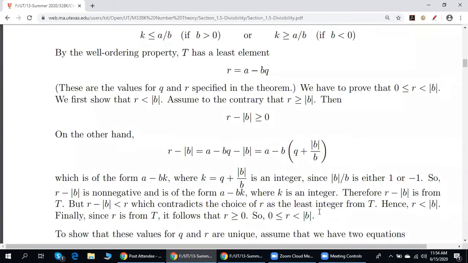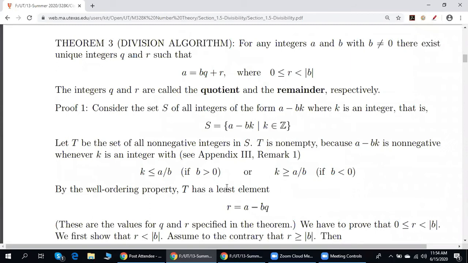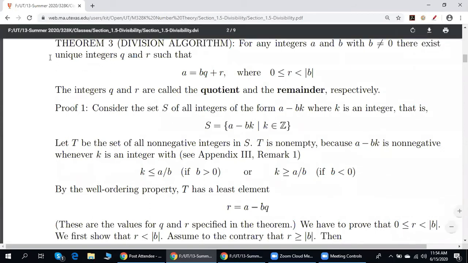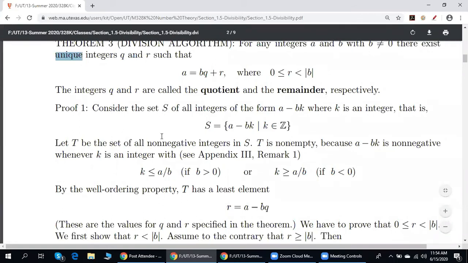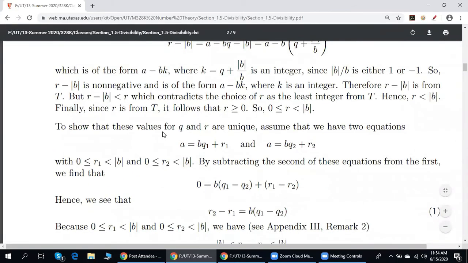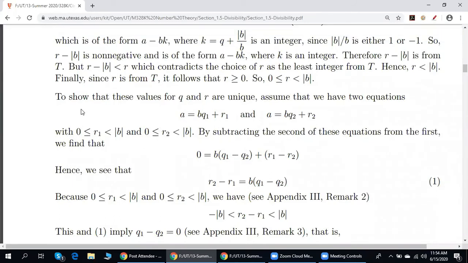All right. Here is what is left to prove. We should prove uniqueness. So part 2. Let us show that values of Q and R are unique.